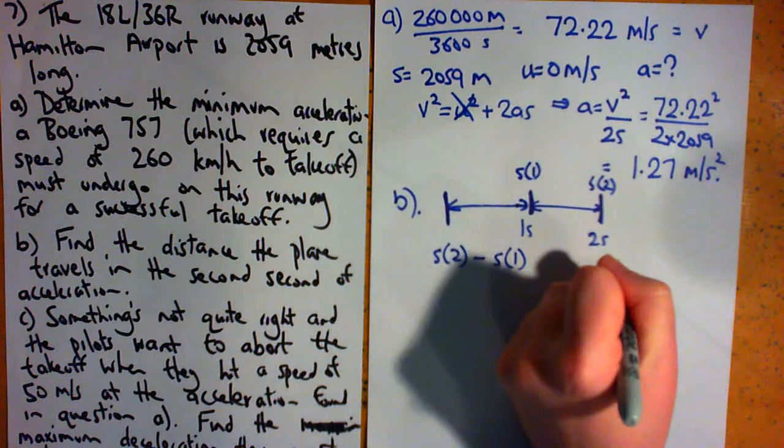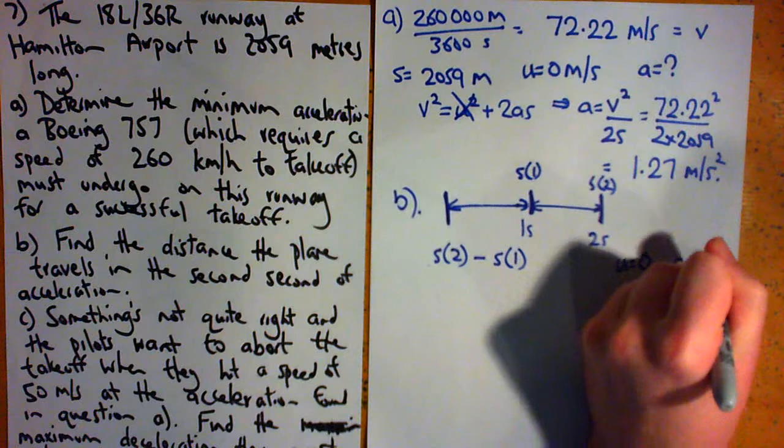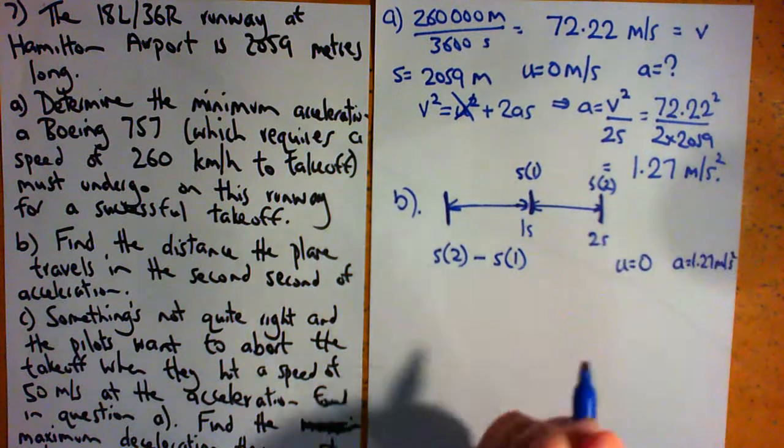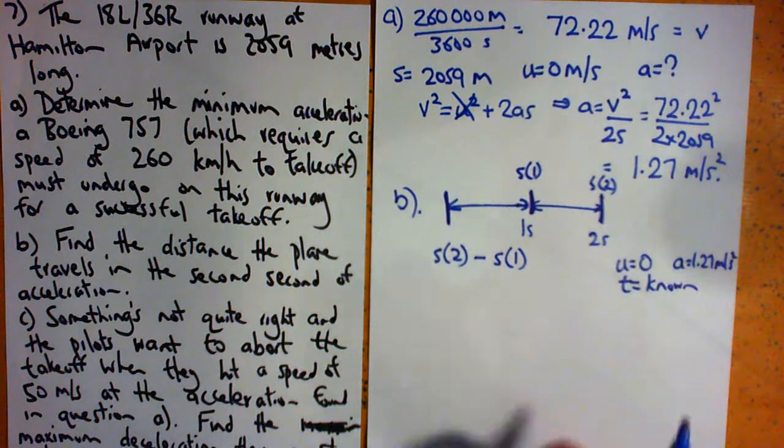Now we know that u is equal to 0 here. We've found the acceleration to be 1.27 metres per second squared, and the time is either 1 second or 2 seconds depending on which part of the calculation we're doing.